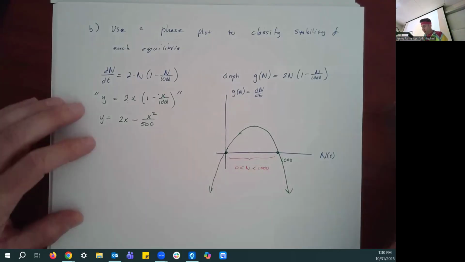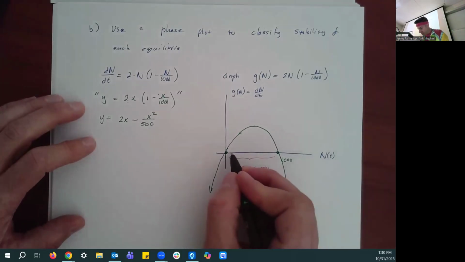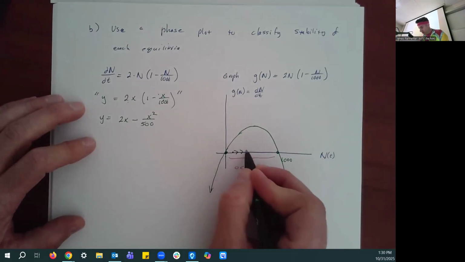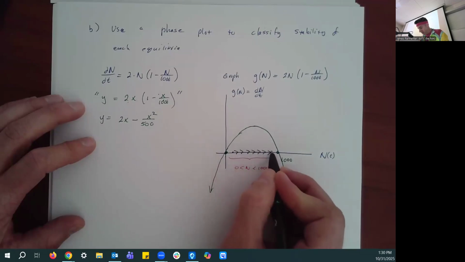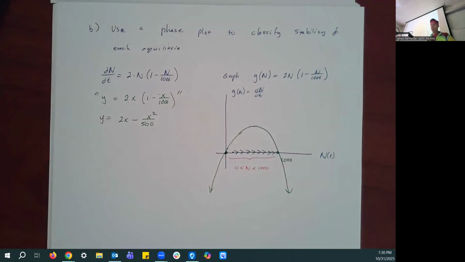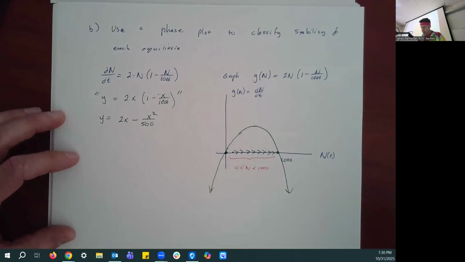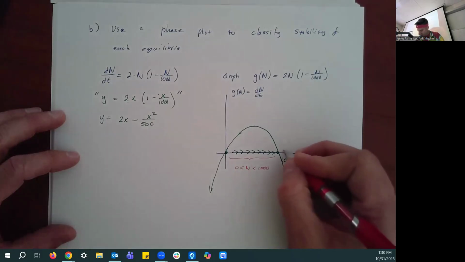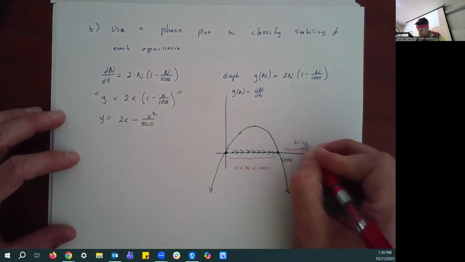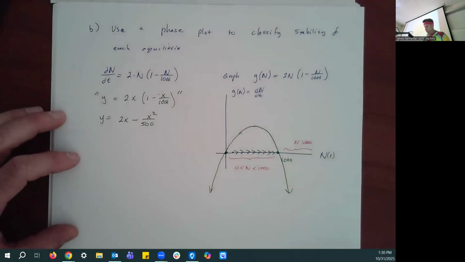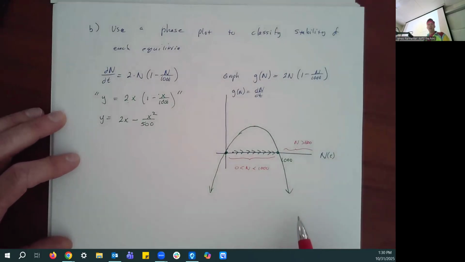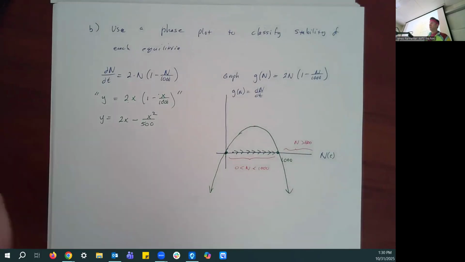If your derivative is positive, is your function decreasing or increasing? Great. So that means if n starts here, it's going to get bigger and bigger, because we're in the region where n is increasing, where its derivative is positive. Similarly, over here, where n is larger than 1,000, the derivative is negative, which means n should be decreasing.